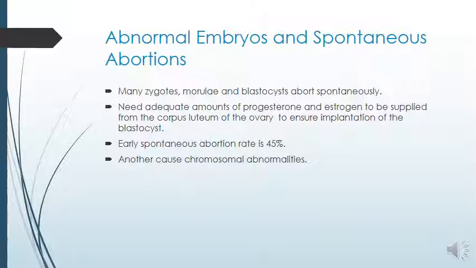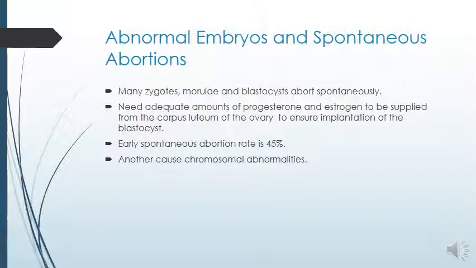We move on to talk about neural tube defects as well as congenital heart defects, and just wanted to point out that with abnormal embryos and spontaneous abortions, we find that many zygotes, morulae, and blastocysts abort spontaneously. We know that they need adequate amounts of progesterone and estrogen to be supplied from the corpus luteum of the ovary.